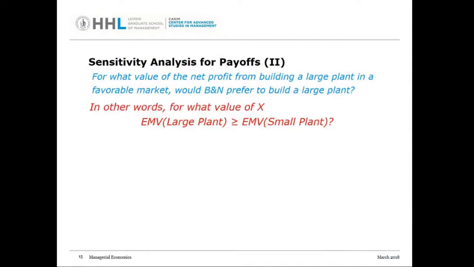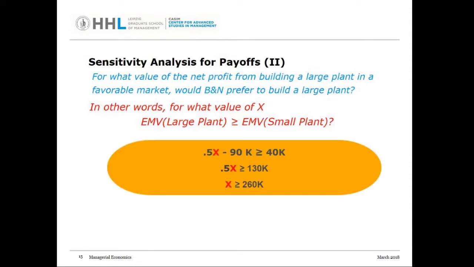So the question that we are asking is, for what value of X is the expected monetary value from a large plant greater than or equal to the expected monetary value from a small plant? We solve the inequality and get the answer that the net profit would need to be at least 260K to make a large plant an optimal, or the best, alternative.